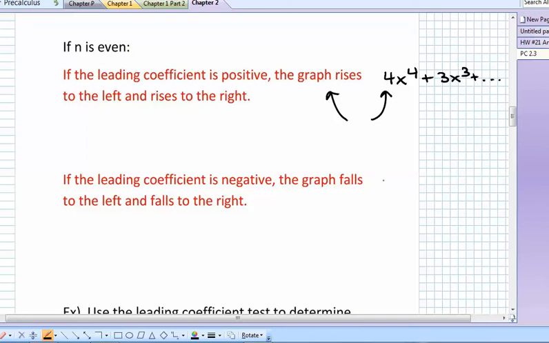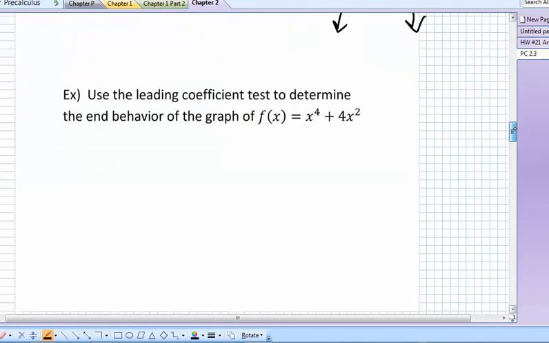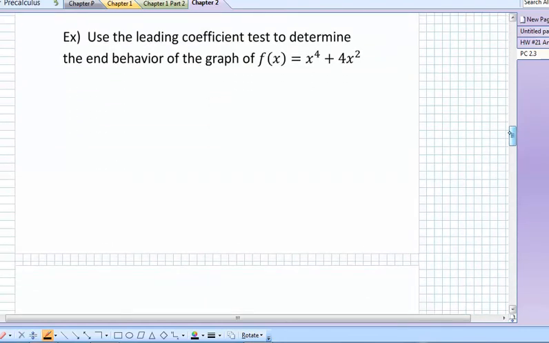If the leading coefficient is negative, so if it was negative 4x to the fourth plus so on plus 7, then it's going to go down in both directions. So use the leading coefficient test to determine the end behavior of the graph here.